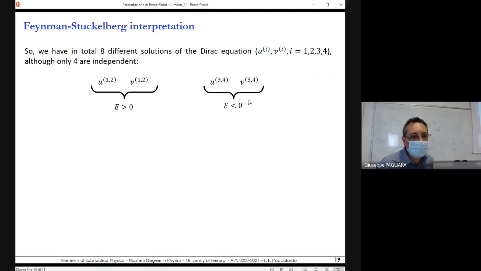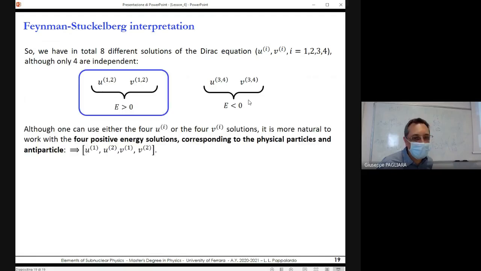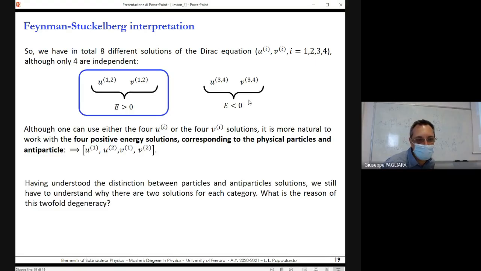From the formal, mathematical point of view, you just take 4 of them and you're done. Of course, from the physical point of view, it makes much more sense to work with the positive energy solutions, corresponding to physical particles and antiparticles. So from now on, through the end of the course, we will only consider u1, u2, v1, v2, and we will neglect the non-physical solutions.